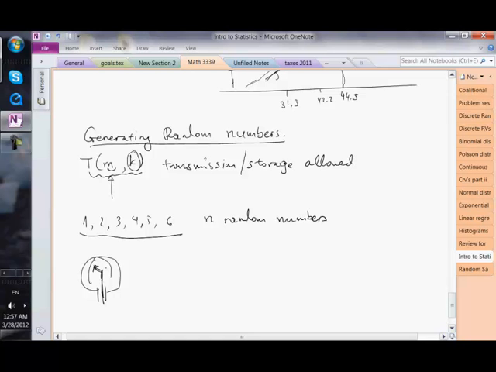Arrivals of electrons in the anode could be recorded, and it can be proven that if you observe the number of arrivals of electrons in non-overlapping time intervals, then those arrivals are completely independent of one another, and you can use those to produce a sequence of random numbers.